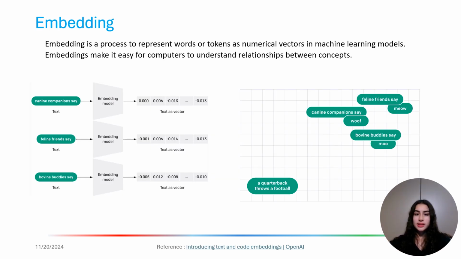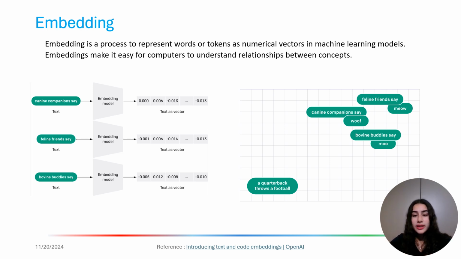Embedding is a process that represents words or tokens and converts them into numerical vectors in machine learning models. Embedding makes it easier for computers to understand relationships between concepts. We can see relationships of words that are similar or close to each other, and that's what is being embedded in the first place.